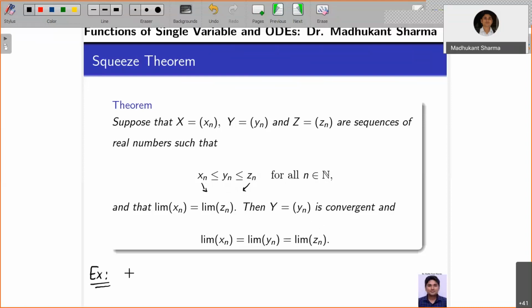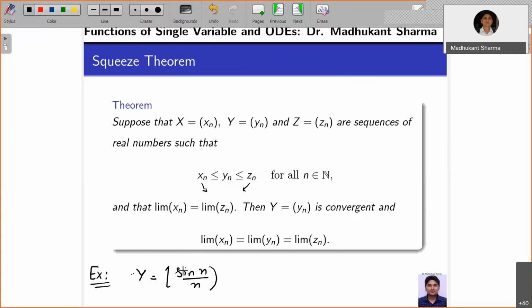Let's say you are talking about the sequence yn equals sin n by n. Either you start with sin n, you know where it lies. The sine value for any x lies between -1 and 1.